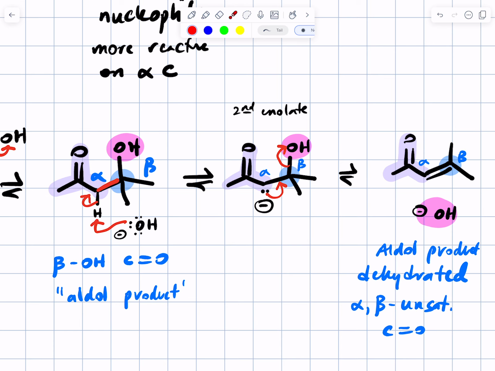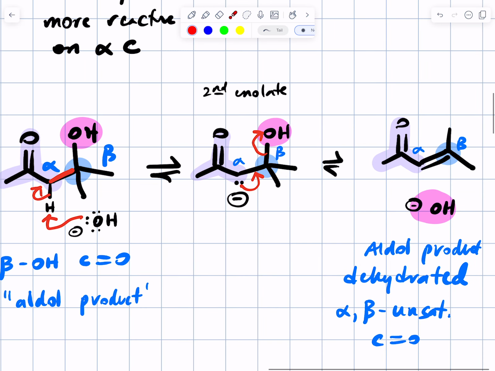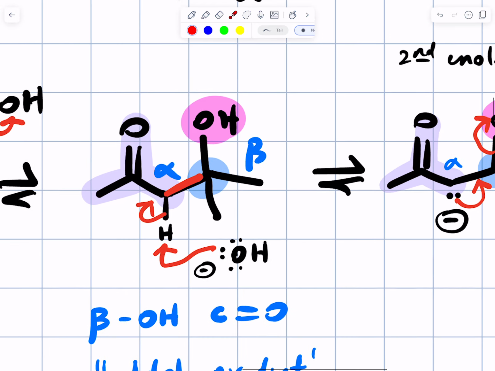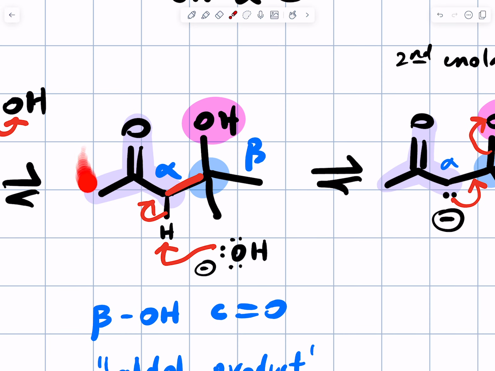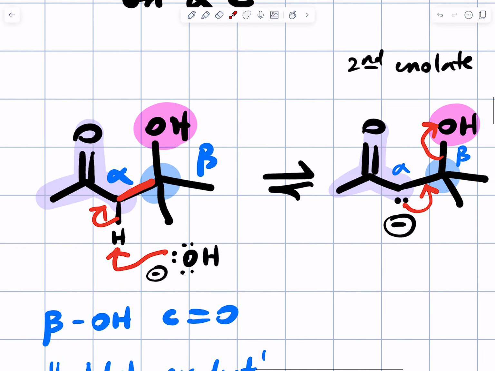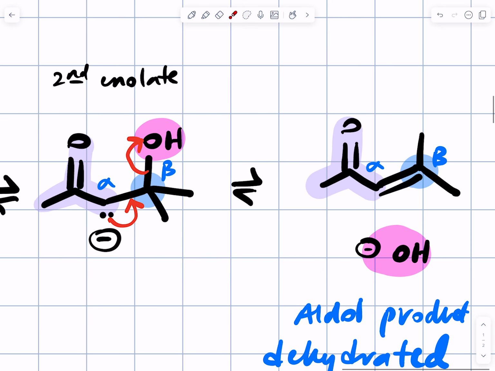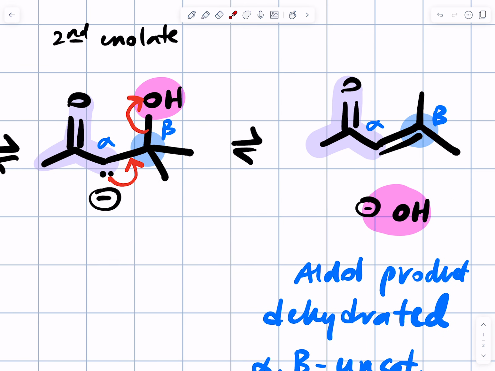In a retrosynthesis sense, if you're looking at the beta hydroxycarbonyl compound, you should be able to look at this and think backwards to what the starting material was. In a retrosynthesis sense from the alpha beta unsaturated carbonyl compound, you should recognize that both the sigma bond between alpha and beta carbons and the pi bond between alpha and beta carbons are the ones that were made during this process.